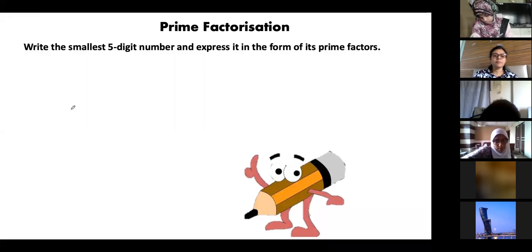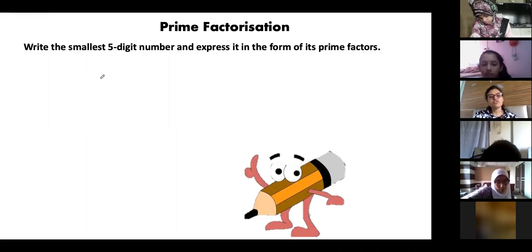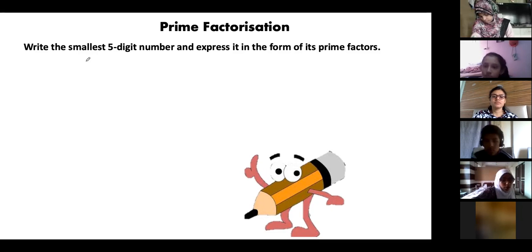You have to do prime factorization because they have asked for prime factors. So what is the smallest 5-digit number? 10,000. There are 4 zeros, so that is 10,000.